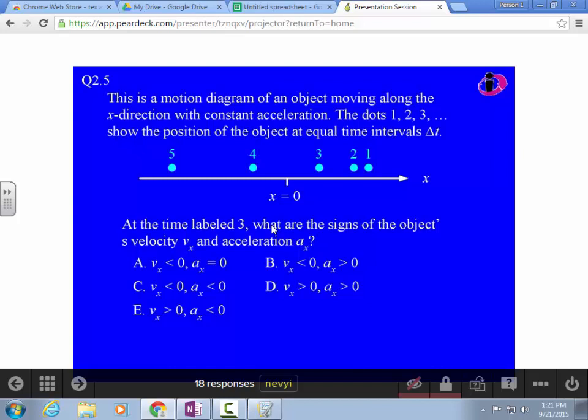Its position's positive, but its velocity's not necessarily positive. The way I interpret it is that this is at t equals 1, 2, 3, 4, 5, right? Yes, I was looking at it 5, 4, 3, 2. I'm not a big fan of motion diagrams, but yeah, this makes sense to me.